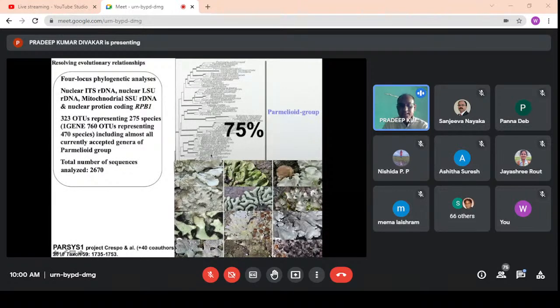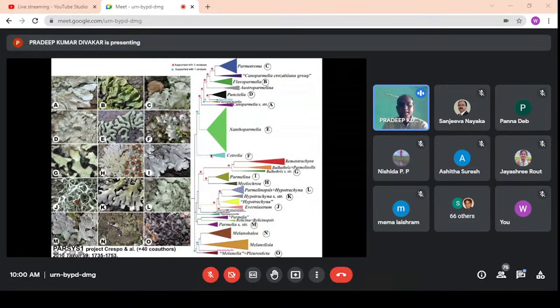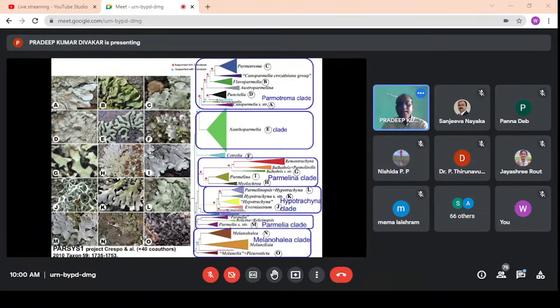And then what were the results? You could see here in this paper, in this work, we were able to establish the phylogenetic relations in the different groups within the parmelioid clades. You could see we were able to establish different clades within the parmelioids that received a strong support.